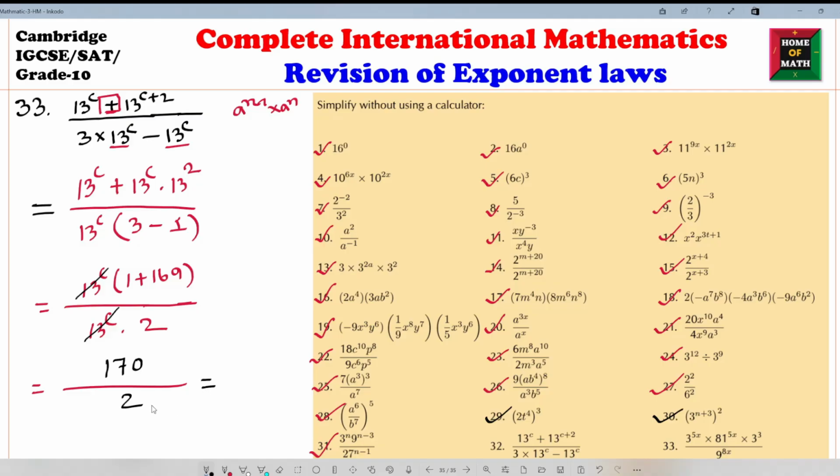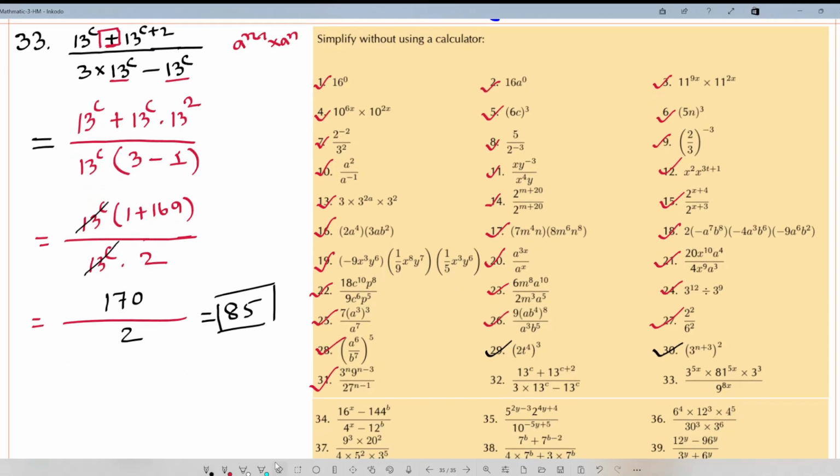So the answer is 85, and 85 is our answer. So therefore we have completed it. It's not 33, it's 32. So 32 is done. Now 33.